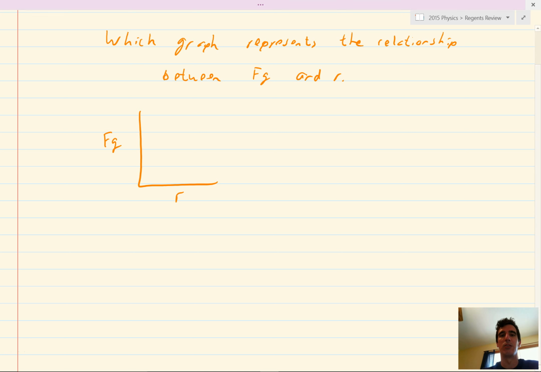So the first thing that we need to do is find the formula that has FG and R. And that's FG is equal to G M1 M2 over R squared.